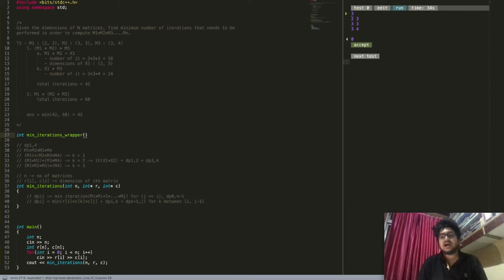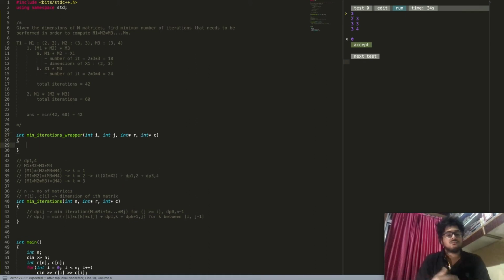The task of a wrapper function is to take in the states of the dp as an input and return the computed states of the dp. In this case, the states of the dp will be int I comma int j, and I'm also going to pass in the dimensions because I would need to read them internally while computing the states. So this is how we define the wrapper function.